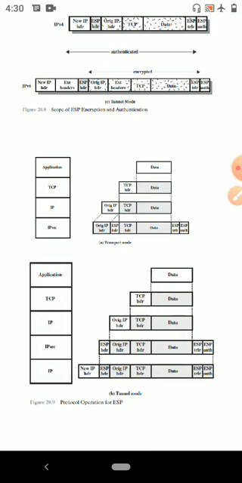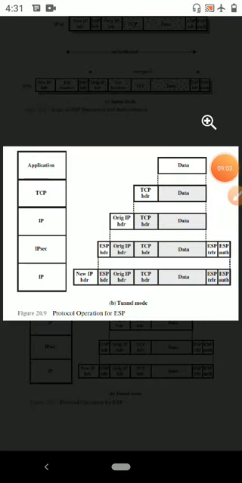Then on the basis of the SPI in the ESP header, the destination node decrypts the remainder of the packet to recover the plaintext inner IP packet. This packet is then transmitted in the internal network. Next, the inner packet is routed through the 0 or more routers in the internal network to the destination host. This figure shows the protocol operation for ESP. Thank you.